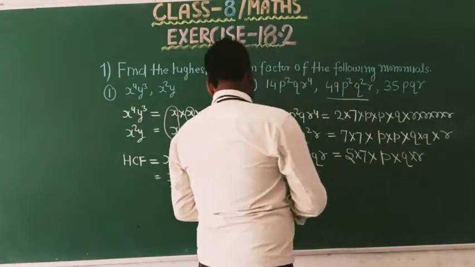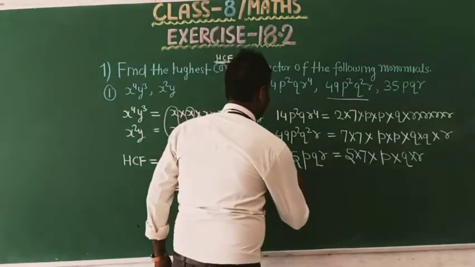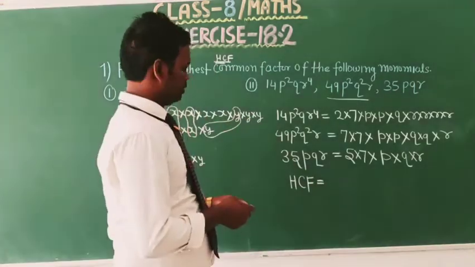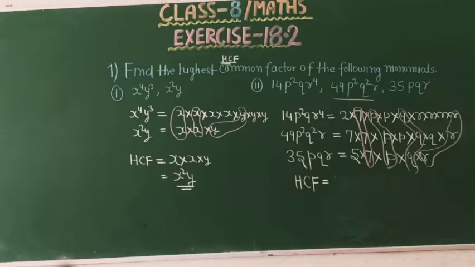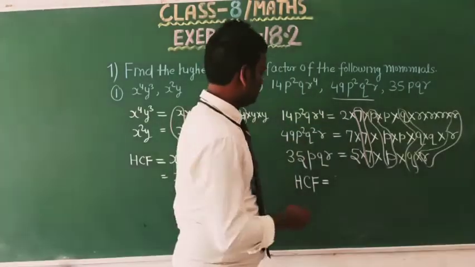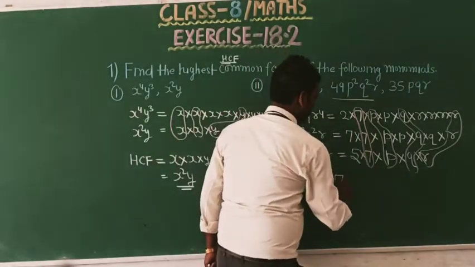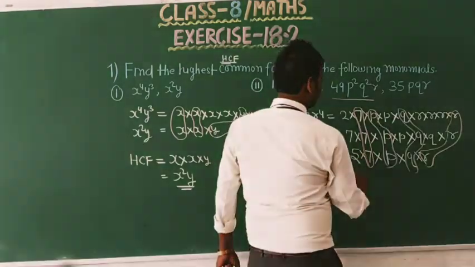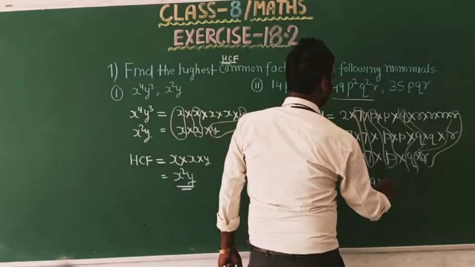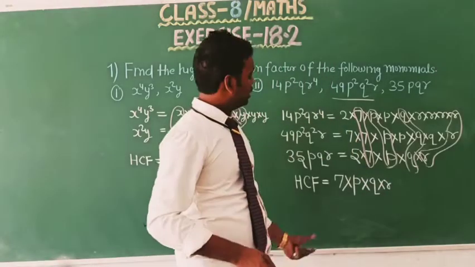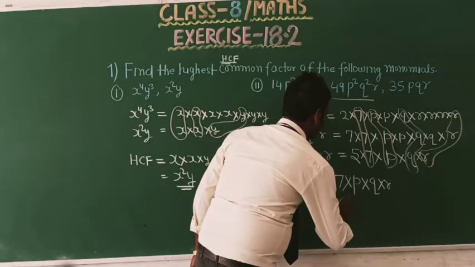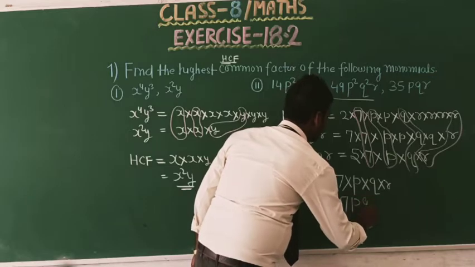So the highest common factor is equal to 7 into p into q into r. Now taking the product, this becomes 7pqr.